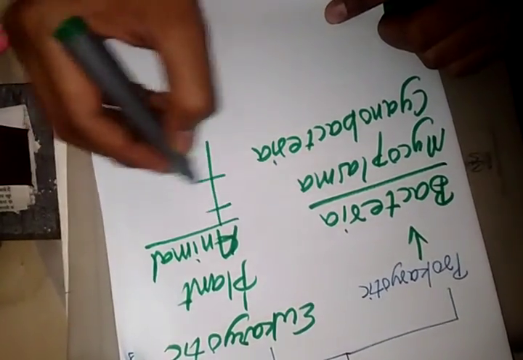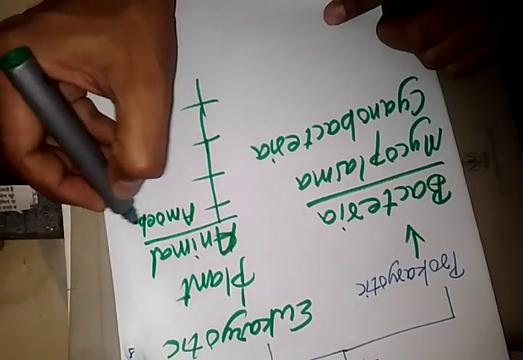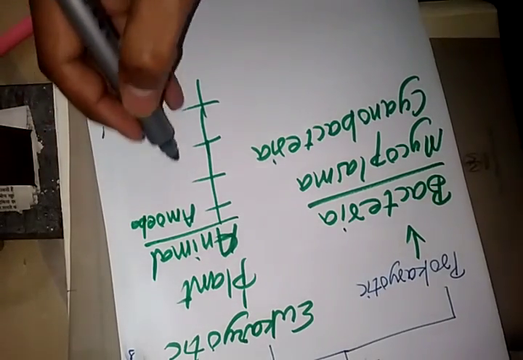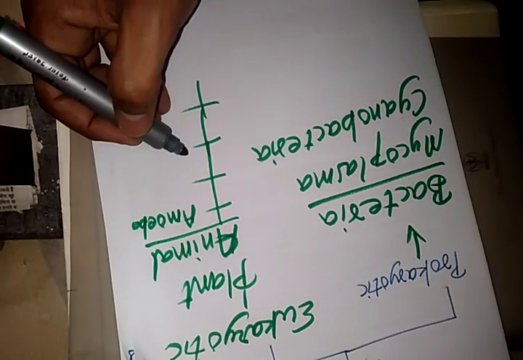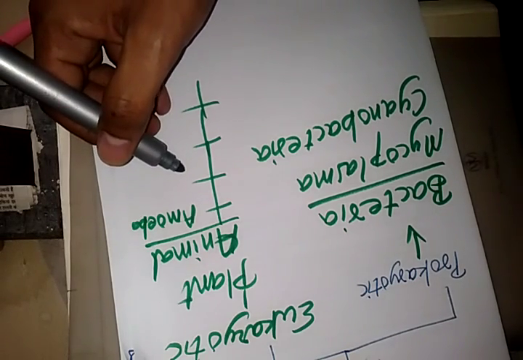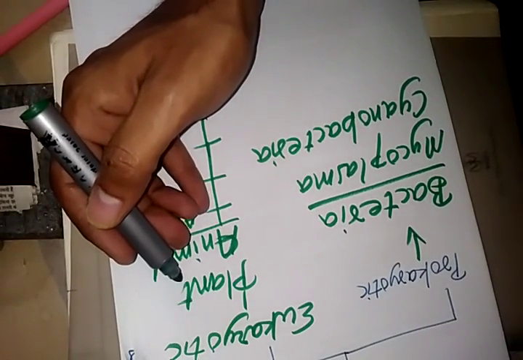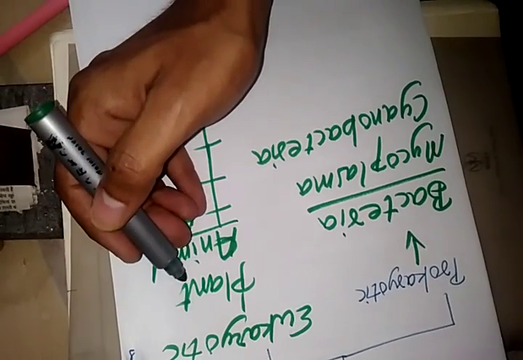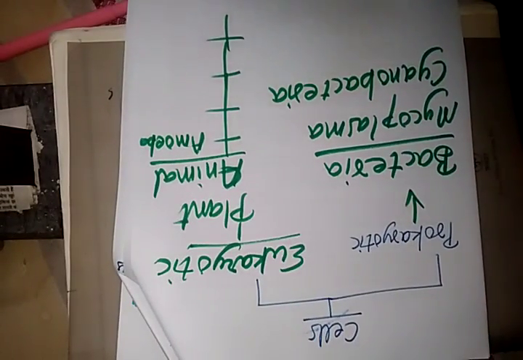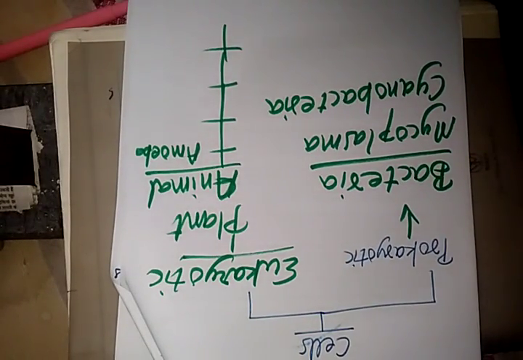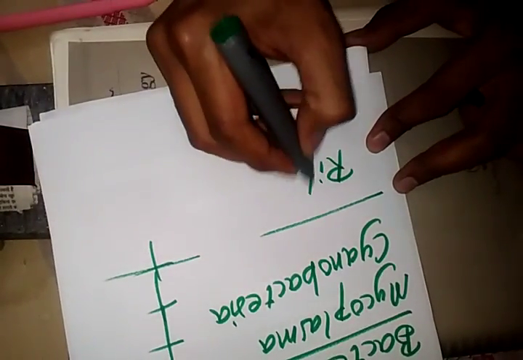Animal cells include all kinds of animals like amoeba, the protozoans, paramecium, euglena, dogs, human beings, etc. Plants, all kinds of plants, either algae, bryophytes, pteridophytes, gymnosperm, angiosperms, all plants are eukaryotic.